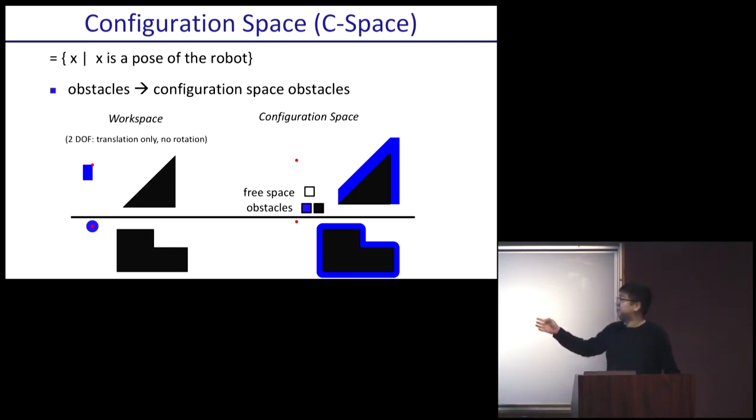So that's the configuration space. And on the lower row, we can see a similar effect. Like we want to move the circle, which is another rigid body. And on the right, there is another blue layer that is caused by the collision. So this is the difference between workspace and the configuration space.